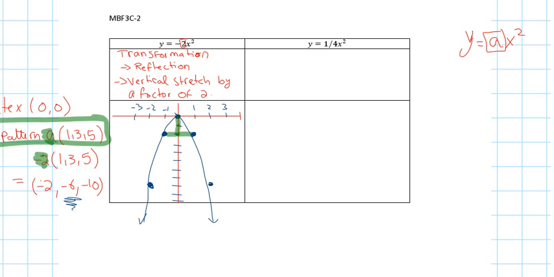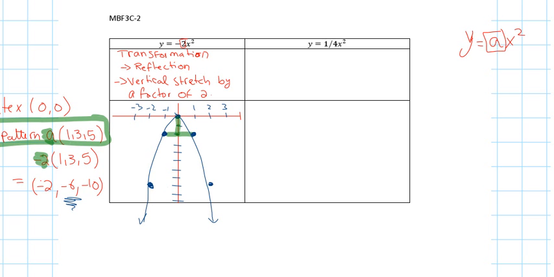If a is greater than 1, what would happen to my graph? It's a vertical stretch. If a is between 0 and 1, it's a vertical compression. If a is negative, it's a reflection, so it's going to open down.